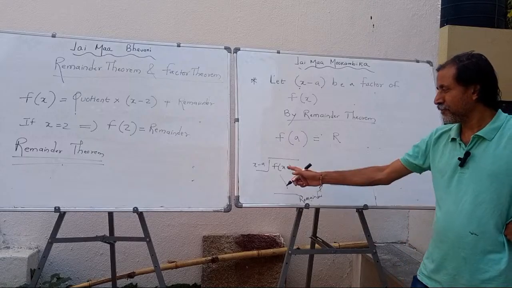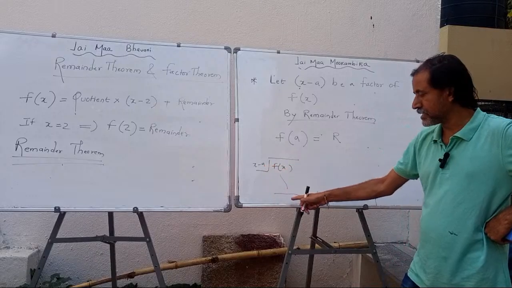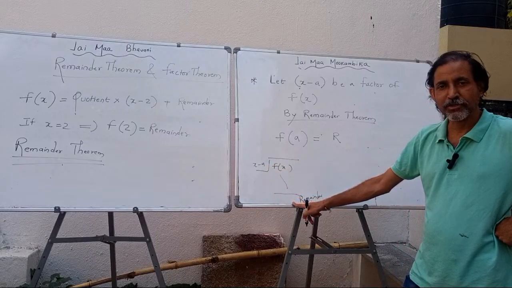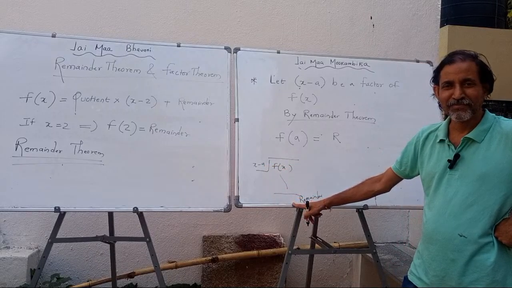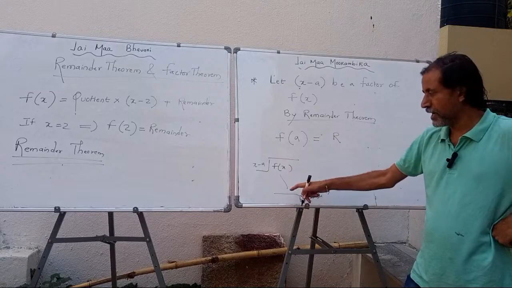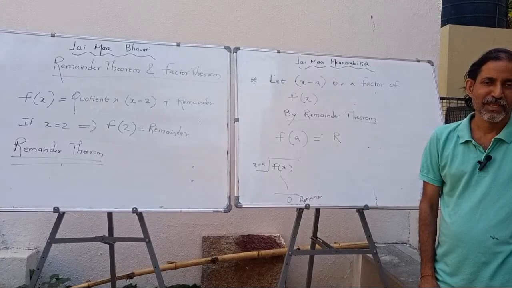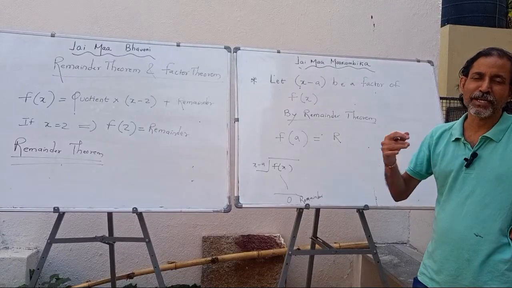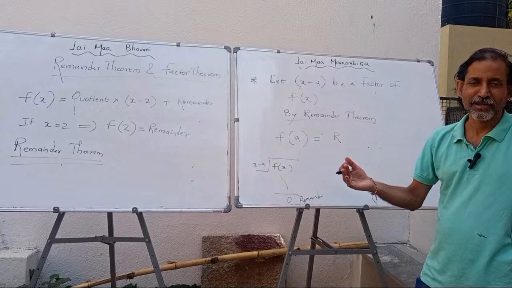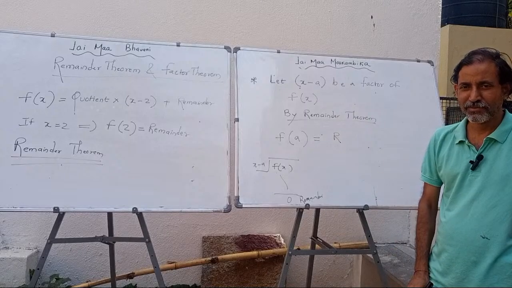All right. So if you divide this with this, you will get some remainder. Yes or no? Yes. Okay. But if it is a factor, the remainder will be 0. It divides completely. If some number divides some number completely, naturally the remainder is 0.